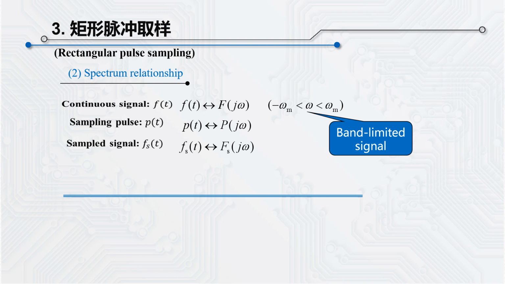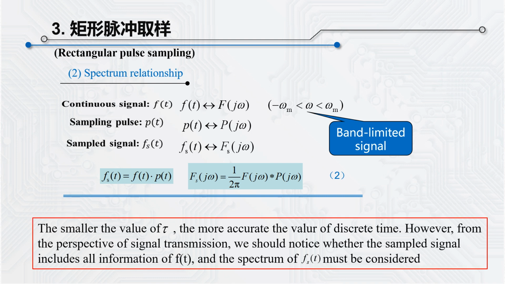According to the same analysis method, the sampling signal is multiplied in time domain and convolved in frequency domain. Since the subject of sampling is rectangular pulse, the smaller the value of tau, the more accurate the value of discrete time.